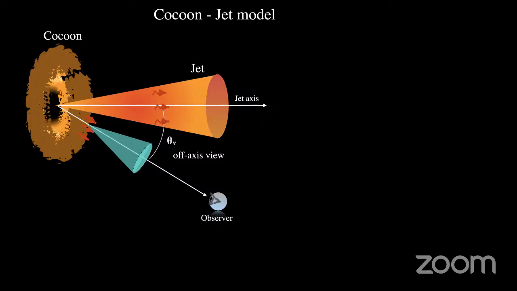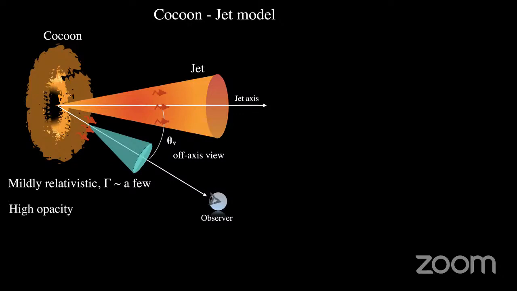Before we look at the results, I also wanted to put in perspective the alternate model that exists in the community, which is the cocoon jet model. There's not a huge difference between these two, but what you have is a surrounding medium which is only mildly relativistic, with only a few gamma, and a jet at the center which is moving at very high relativistic speeds.